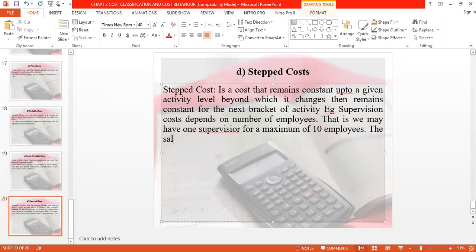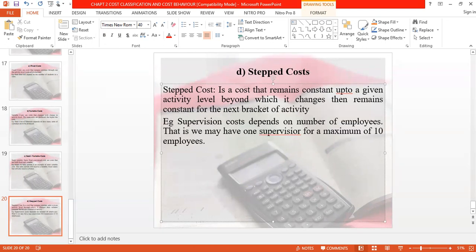Now, when the number of employees exceeds 10, we will need a second supervisor. So up to 20, we need 2 supervisors. Up to 30, we need 3 supervisors. Up to 40, we need 4 supervisors, etc. So basically, those are the types of costs that we have.